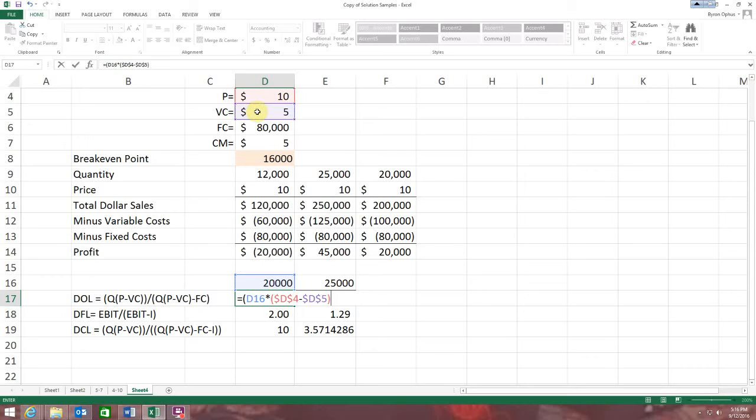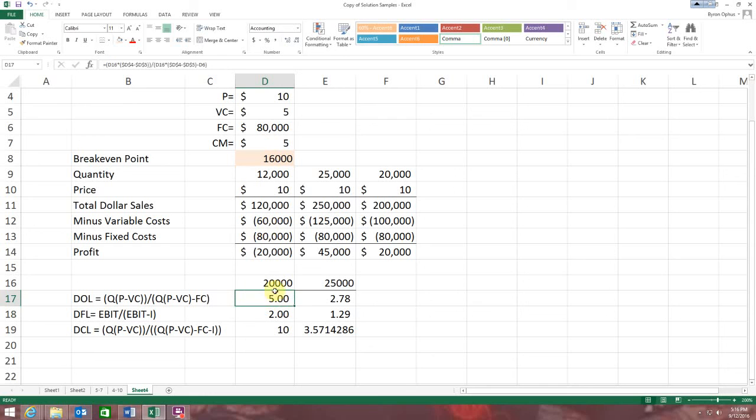Okay, and I need another parentheses there, and I go divided by, same thing, my quantity. I need a parentheses. Quantity times my parentheses price dollar signs minus my variable cost dollar signs parentheses minus my fixed cost and parentheses. Hopefully I put all that in there correctly. It looks like I did okay.